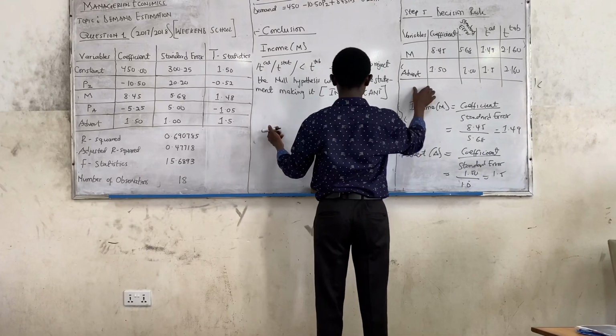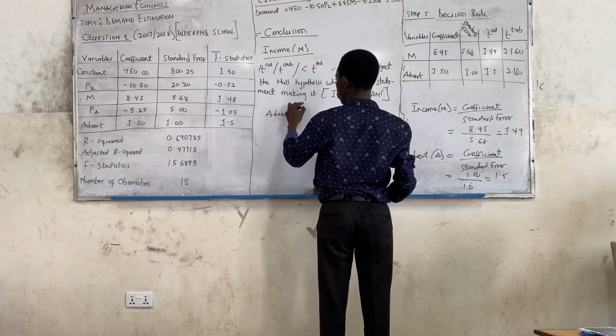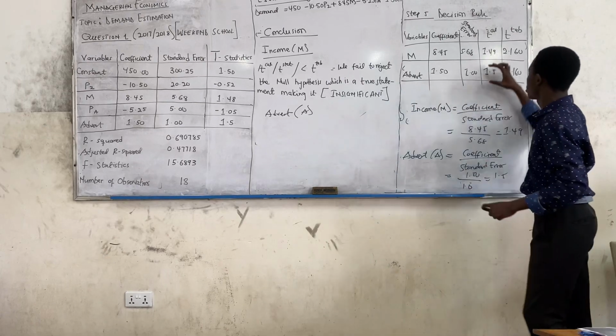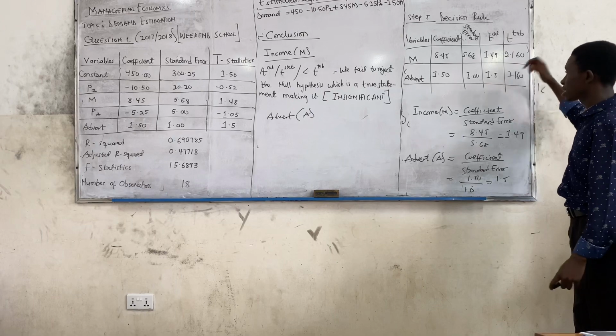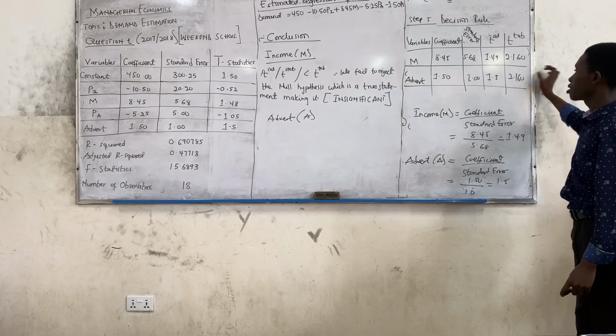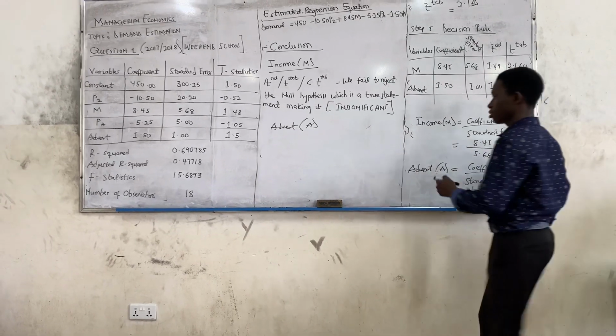The next one, advert. So advert, t is 1.5, critical value 2.160. So the calculated t is less than the critical t, so we fail to reject.